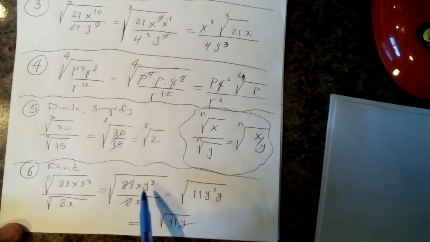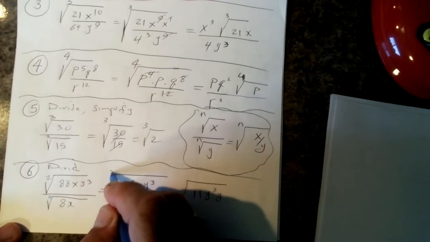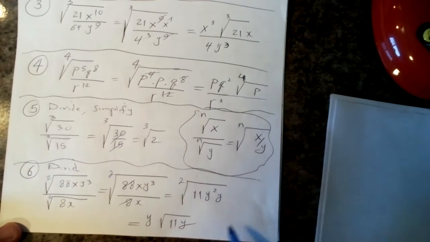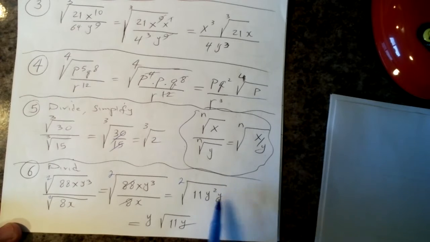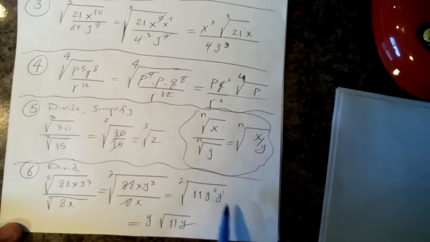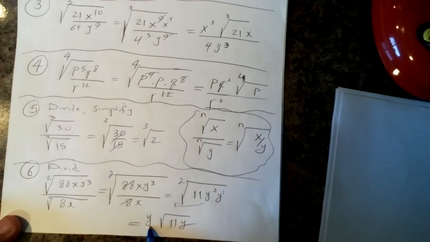Combine into one, and under that, this is the numerator, this is the denominator. 8 goes into 88, 11, x, y cubed. Since the power is 2, and I have y cubed, I write y cubed as y to the power of 2 times y to the power of 1. This one is released from the radical. That would be here. But 11y remain.